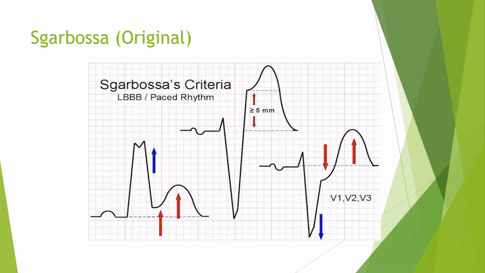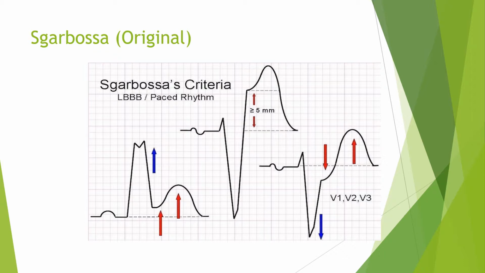But instead, what you're seeing is ST depression, and so if Sgarbossa B criteria was present, that was also extremely predictive of an acute infarction, even though you're looking at ST depression, which is typically only associated with ischemia or reciprocal changes. This is considered an infarction and is a STEMI equivalent, and you should activate on that.